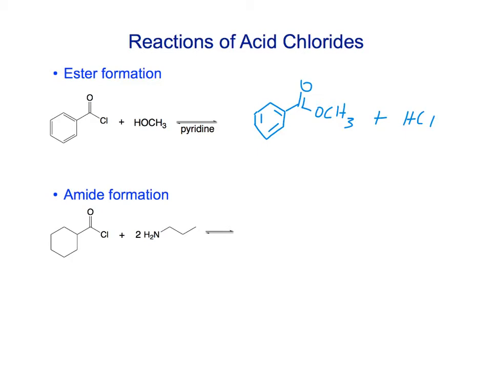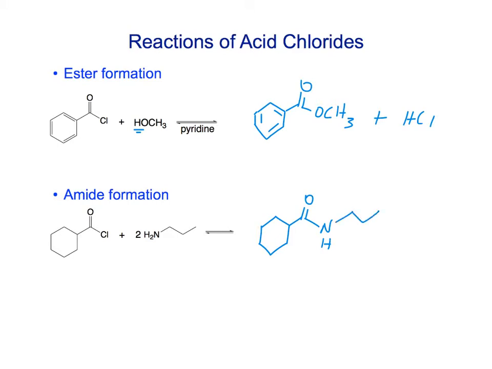Okay, in the bottom one, we're using an amine. And so it's going to work in the same way. Just like in the alcohol up above, we lose the H on there. We're going to lose one of the H's on the nitrogen.